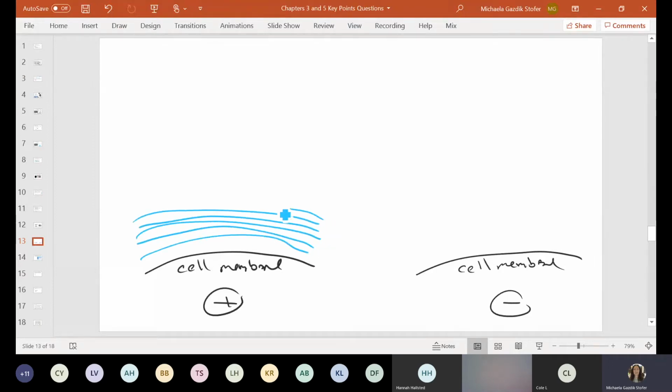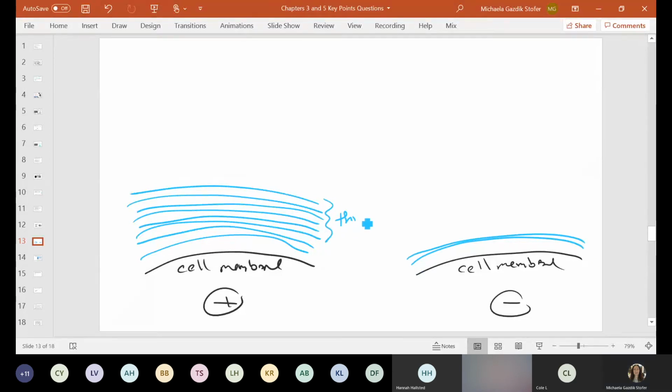So these are all big mesh networks of peptidoglycan, whereas in the gram-negative, you really only get 1 or 2 of those layers. So we get a very thick layer here, a very thin layer here, but they're both peptidoglycan.